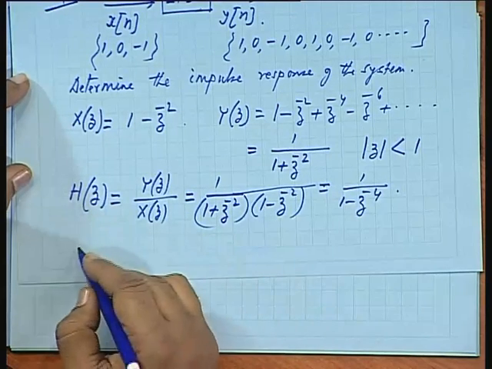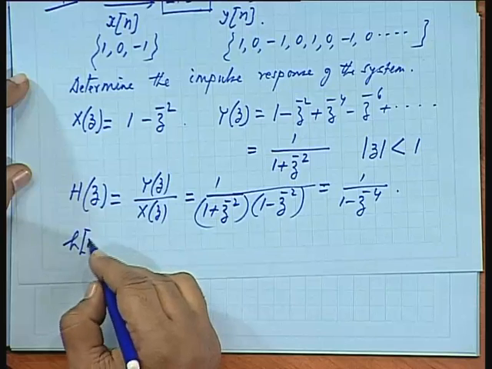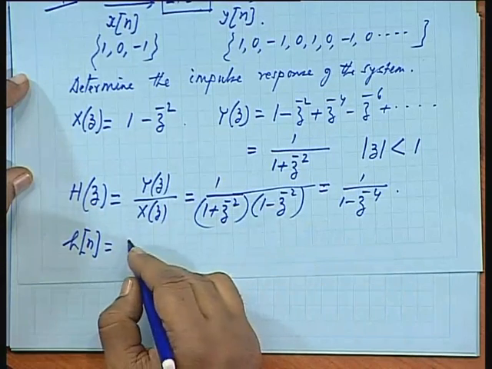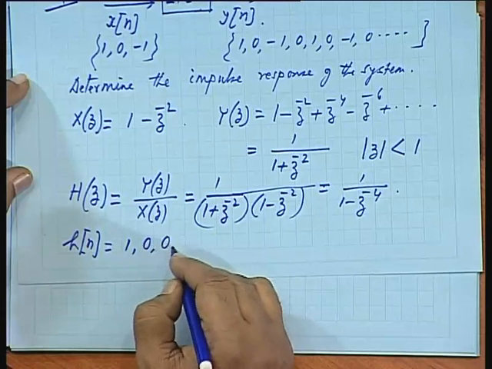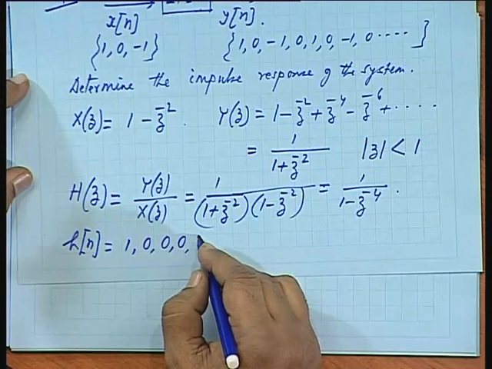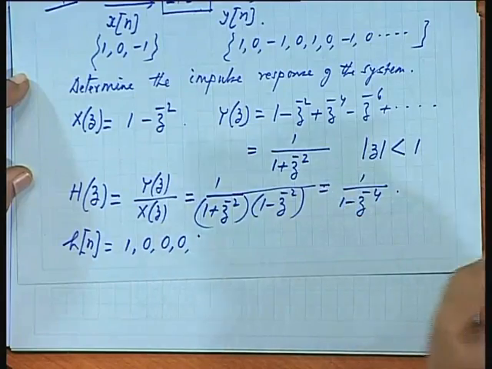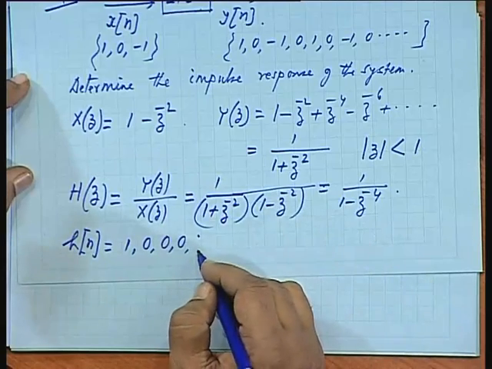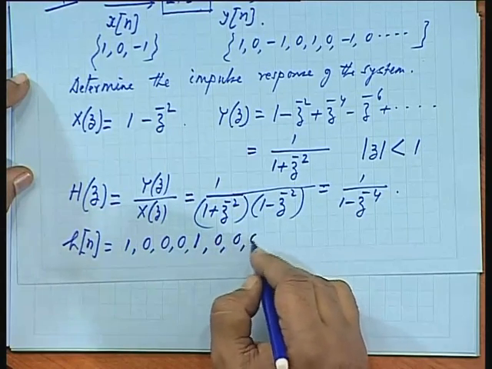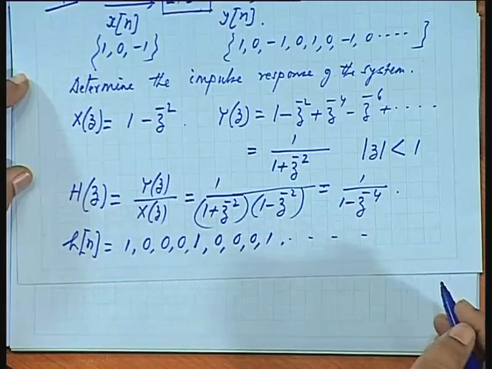So, what will be the inverse of this? You are very familiar with this. It will be 1, 0, 0, 0, minus 1 or plus 1. If it is minus, then in the series it is basically z to the power minus 4 with plus signs. So, it is a sequence like this. Okay. This will be the impulse response.